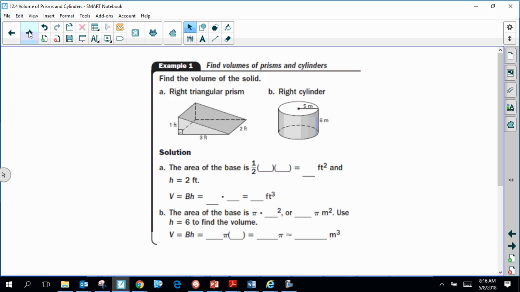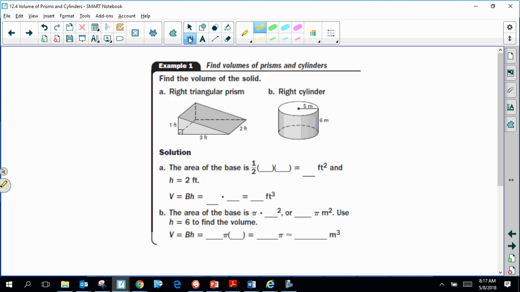Those are going to be the most commonly used shapes that we use in geometry for prisms, but you still have to make sure that you identify the base correctly, use a correct formula, and get the area of that shape correctly. But generally speaking, it's not too challenging.